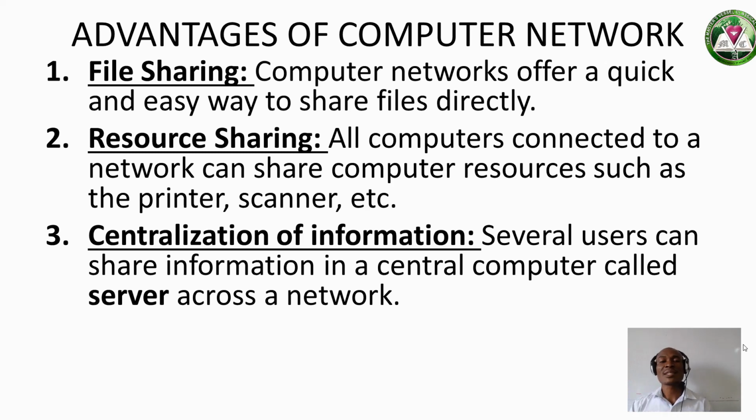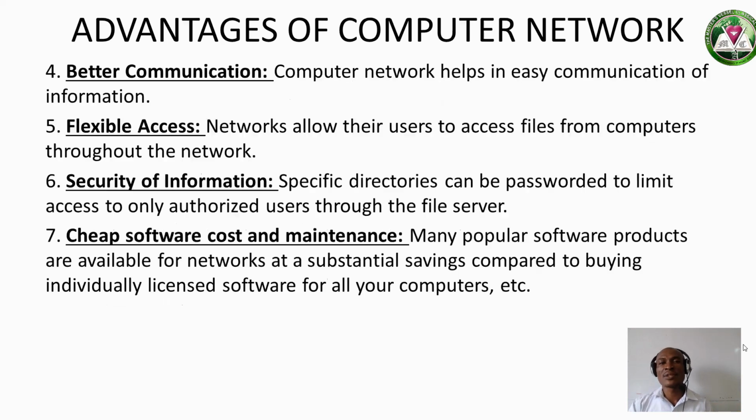So several users can share information in a central computer called a server across a network. If you are in computer A, your friend is in computer B, and another one in computer C, even though the file you want to share is in the server, from your own computer you can access that file. Your friend can also access the same file because the information is what? Centralized.